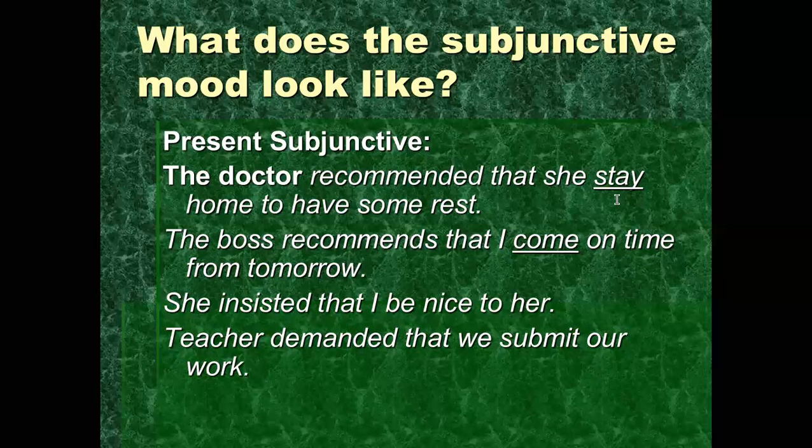That's why this is called present subjunctive, because the verb in the dependent clause is not changed into the past form at all. So if we want to indicate the past time, you got to change the form of the verb in the main clause as it's been done here.